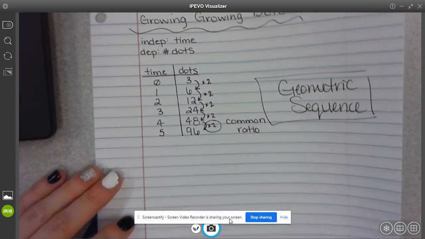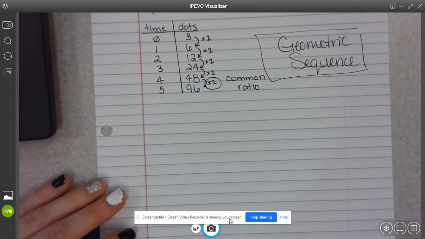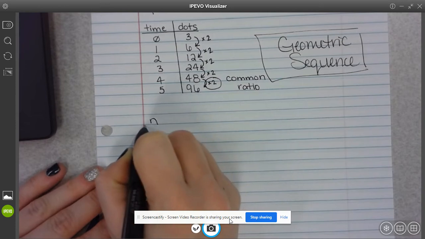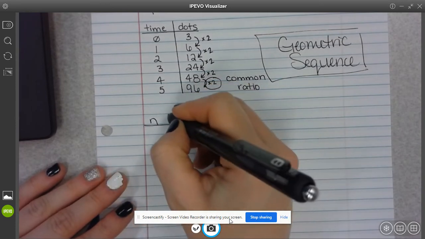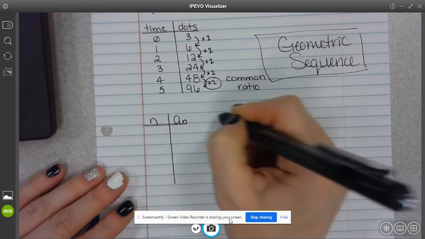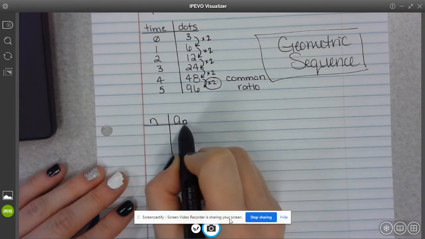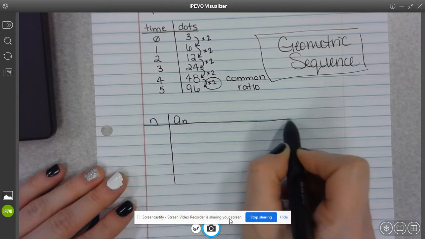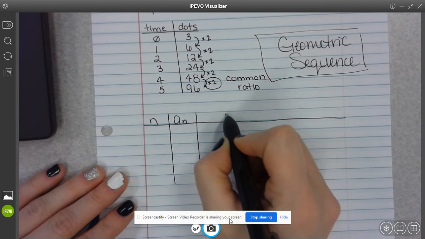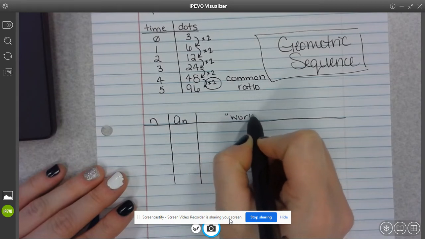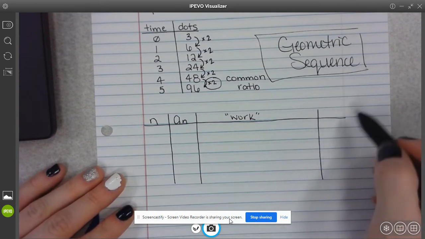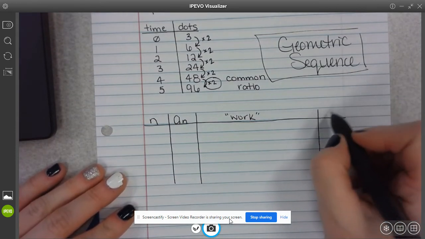So just like we did with growing dots, we're going to look at this with sequence notation. And I'm going to kind of make a mega table here, as I like to call it. I'm going to show my work. And then I'm going to rewrite it over here.